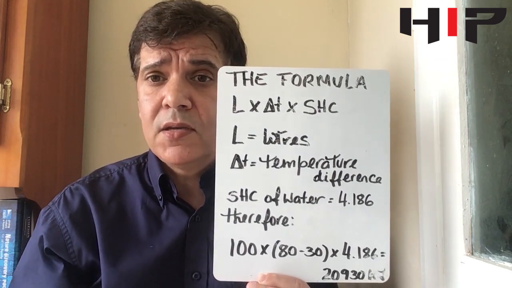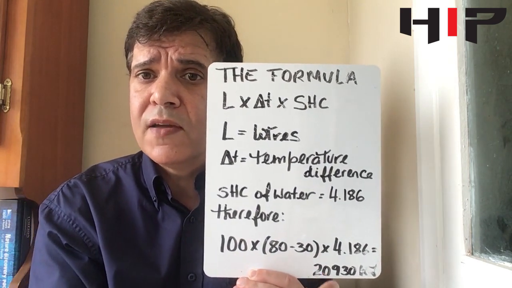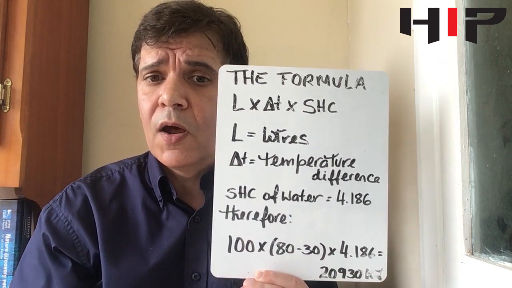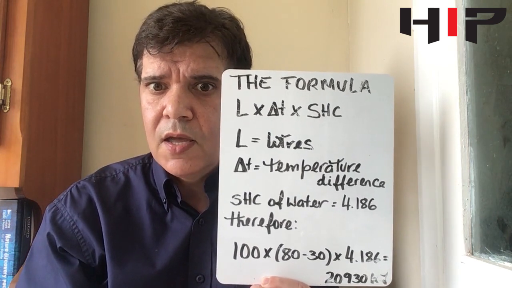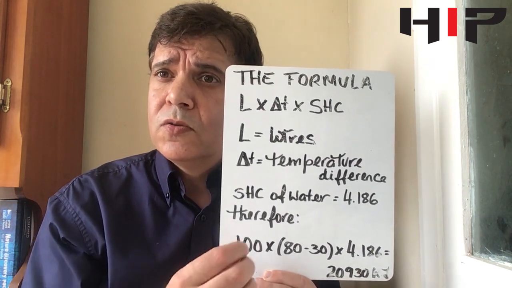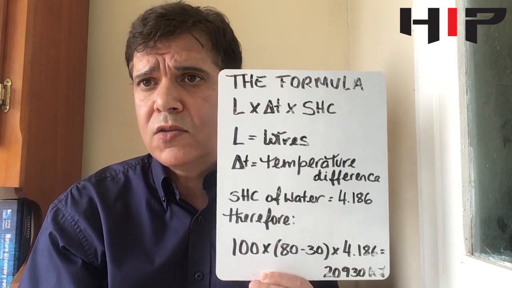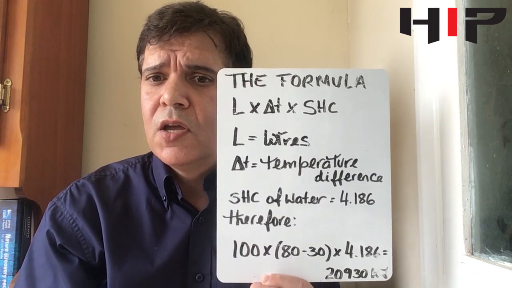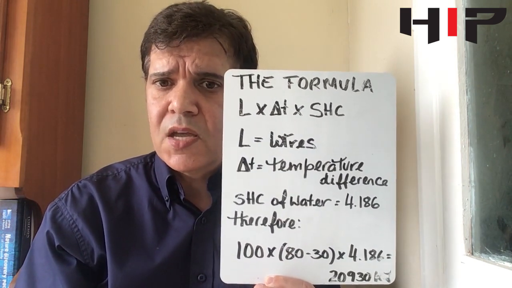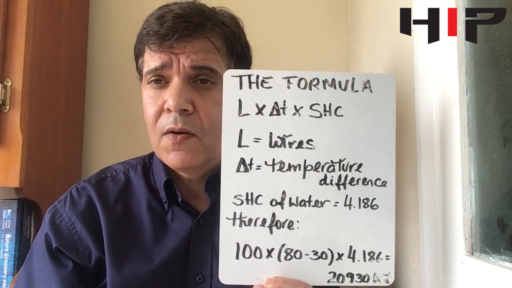The best way is to take the answer given, which is 20930 kilojoules, and divide by 3,600 seconds, which gives you the value in kilowatts: 5.81 kilowatts. That's what you use to heat up a system in an hour, assuming there is no energy lost.